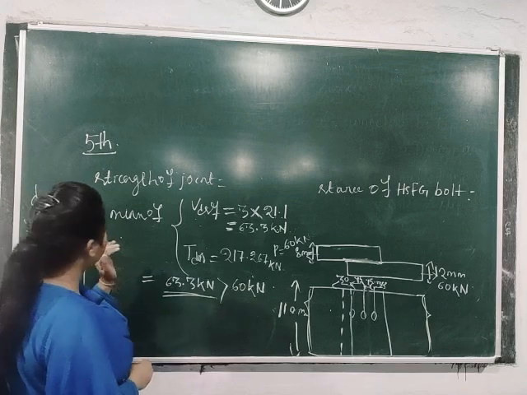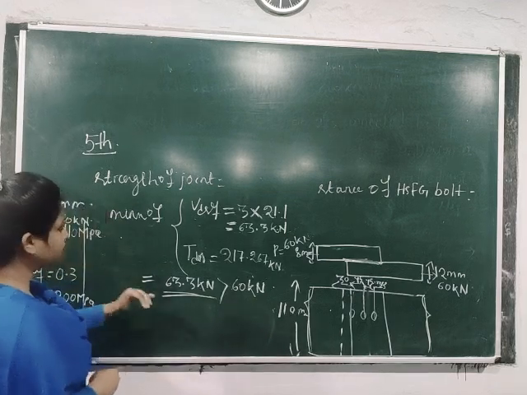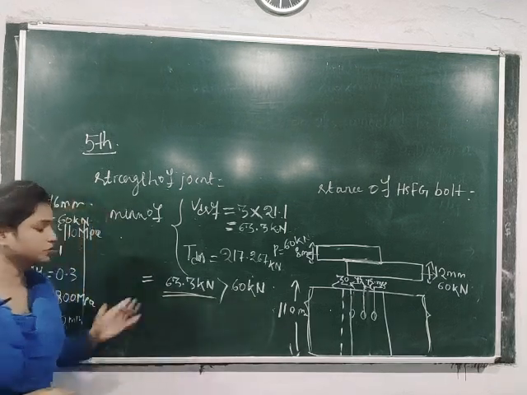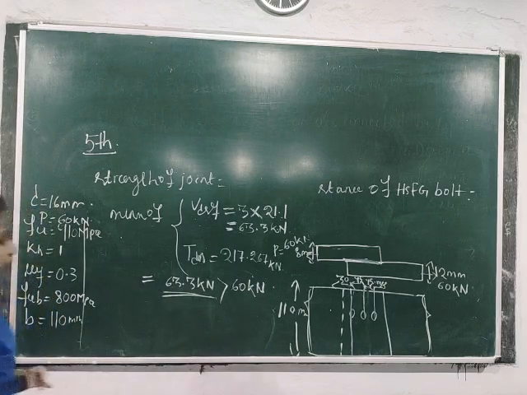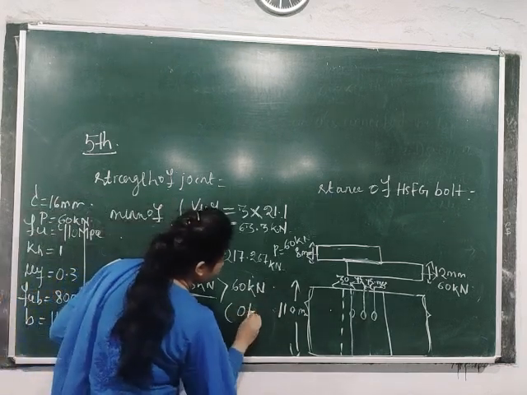So our strength of the joint is 63.3 kilonewton, which is greater than 60 kilonewton. So our design is okay.